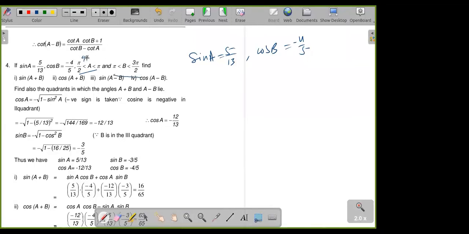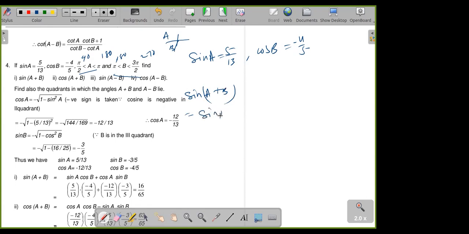That is 90 to 180, and 180 to 3 pi by 2, that means 270. So A lies in the second quadrant and B lies in the third quadrant. So we have to find sine A plus B.